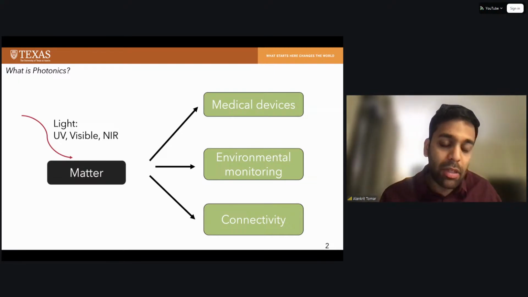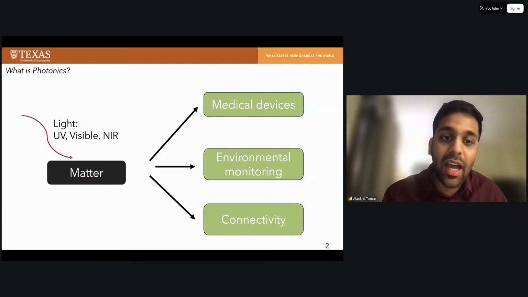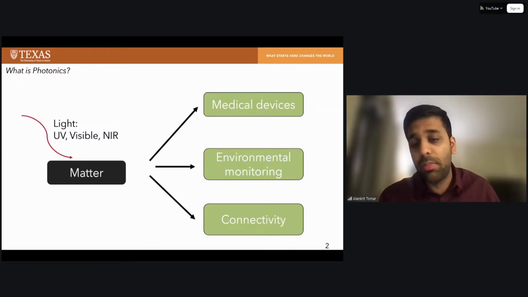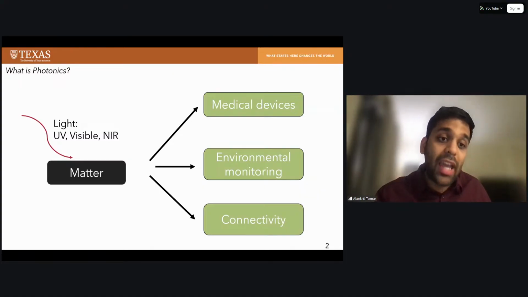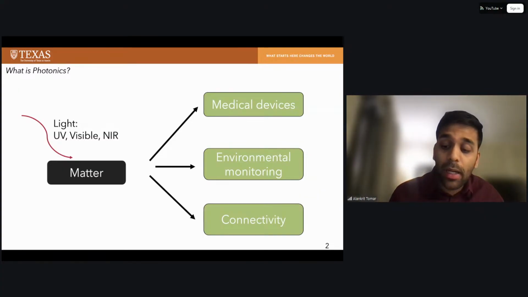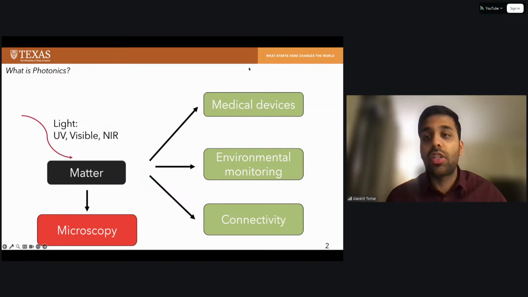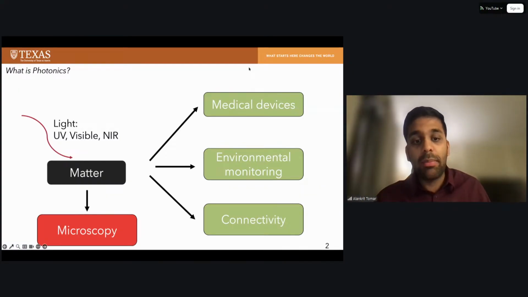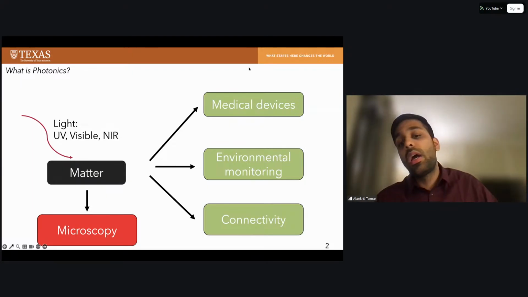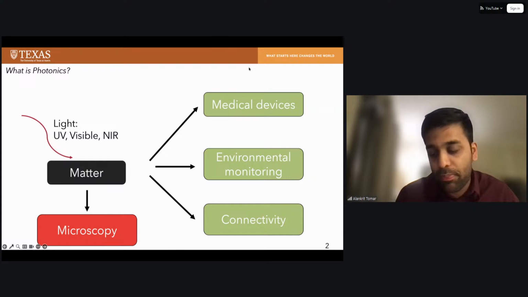All of us have been following the AI surge these days. We use ChatGPT, Gemini, and all of these have been enabled by research in photonics. But today's talk will be focused on a very specific part of photonics, which is microscopy, which is what my research was in. And I'll be taking examples from the field of microscopy by other researchers as well.